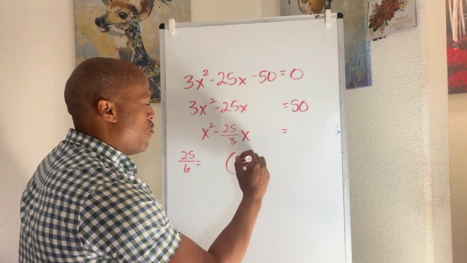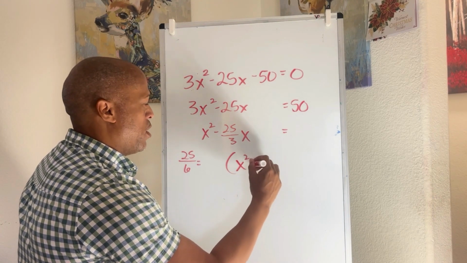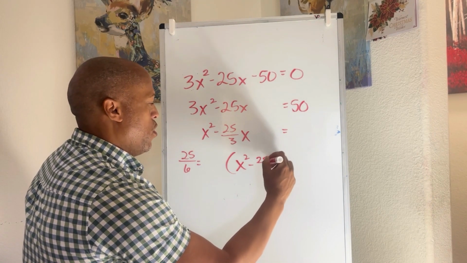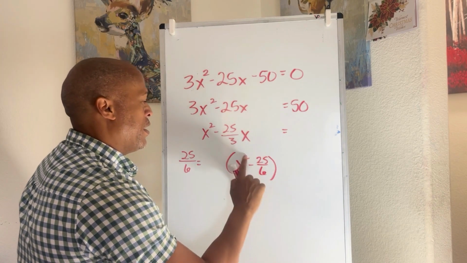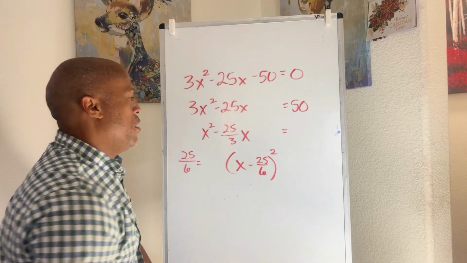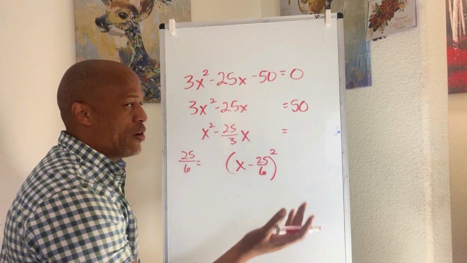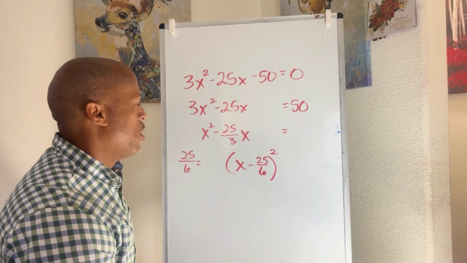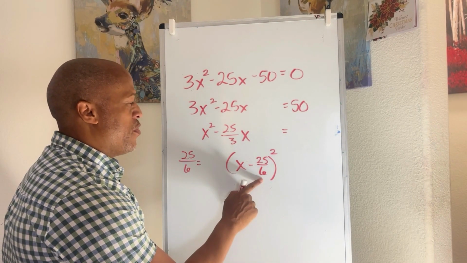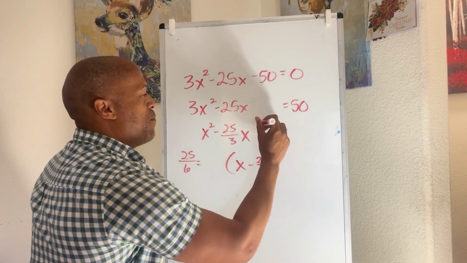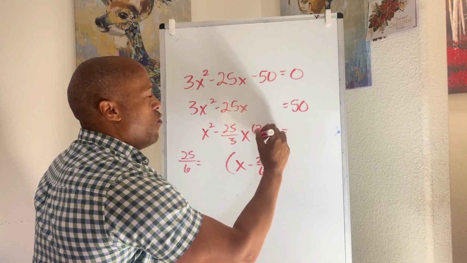So now I know right there in my bottom, I'll have x squared minus 25 over 6. I like to put it there, and that's no longer squared. And then what we'll do now is we need this number in here. We're going to fill it in so we can figure out what we need to add to both sides. So here, that would have been that squared, which would have been 625 over 12.